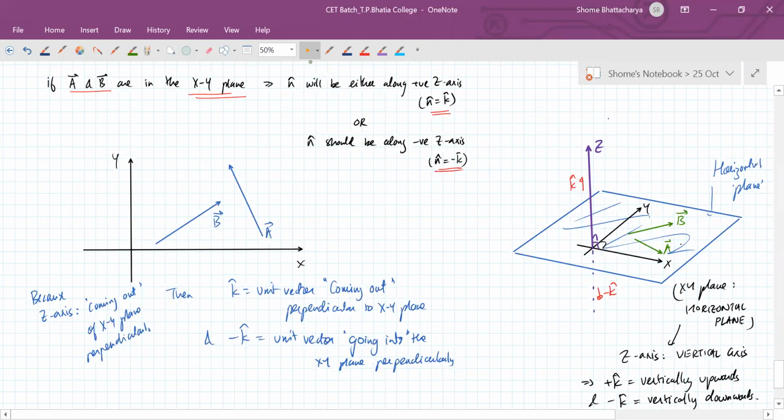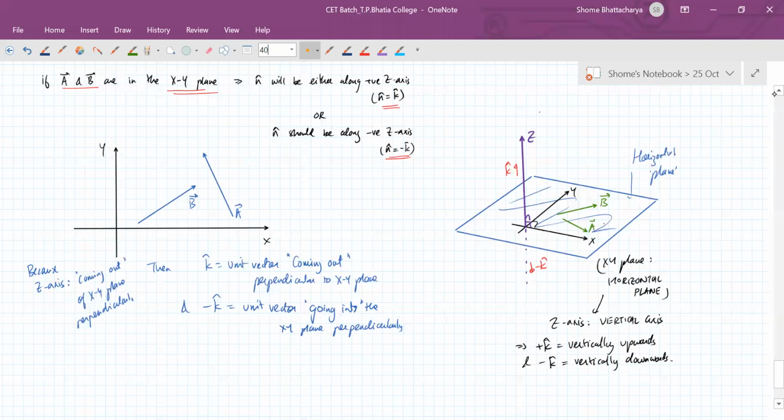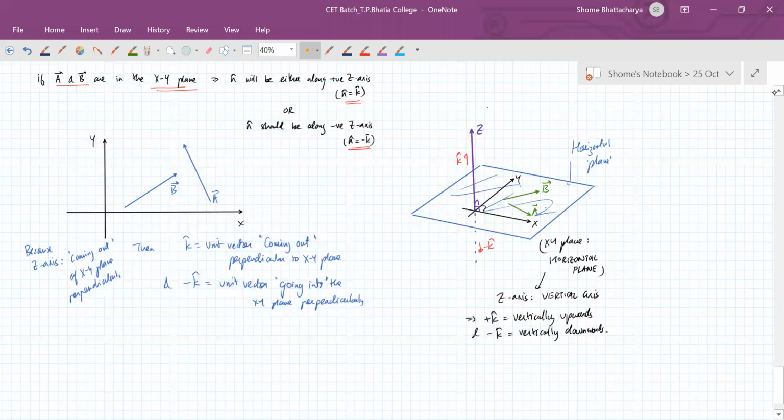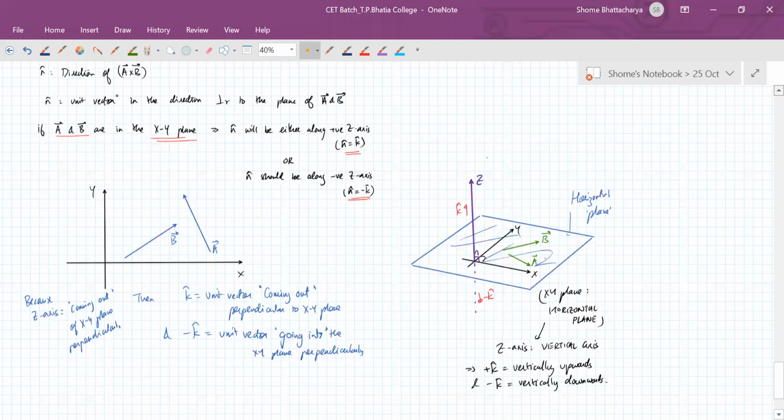Now how we select which one of the two it is, whether it is positive k cap or negative k cap, that is given by another rule which is called the right hand rule. So we'll come to that, but first make a note of this point here. Okay, so our next point here is this.